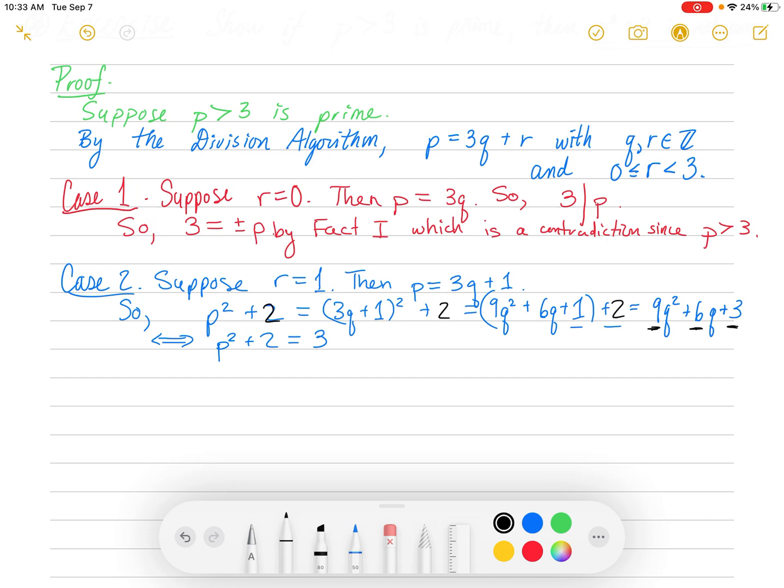It's going to give me 3 times 3q squared plus 2q plus 1. Okay, so that means 3 divides p squared plus 2, right? That's what that means.